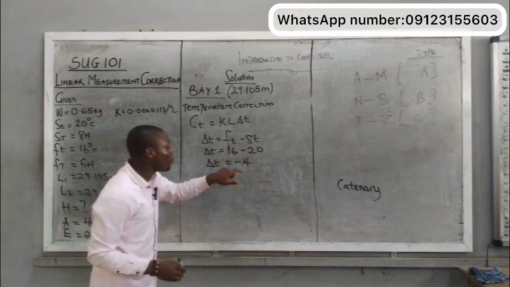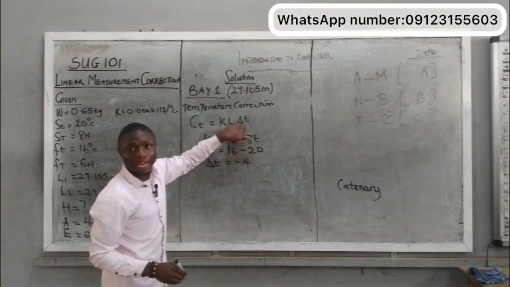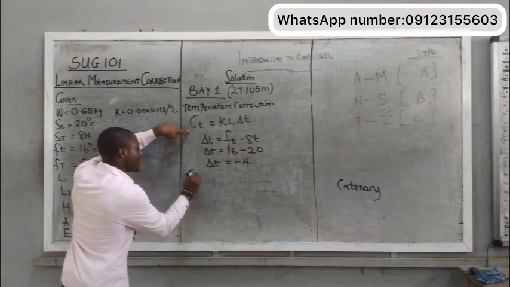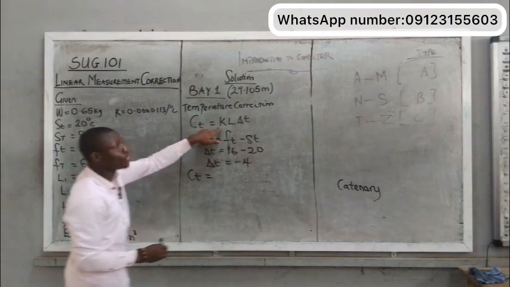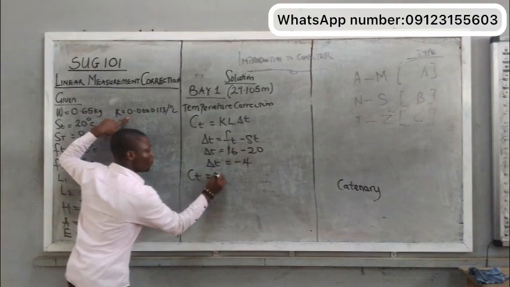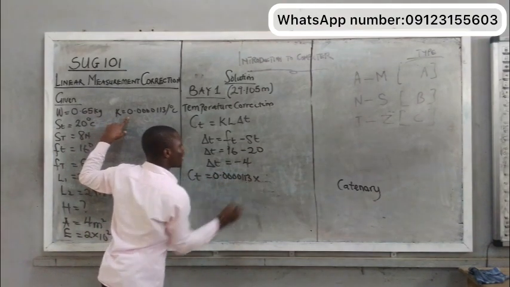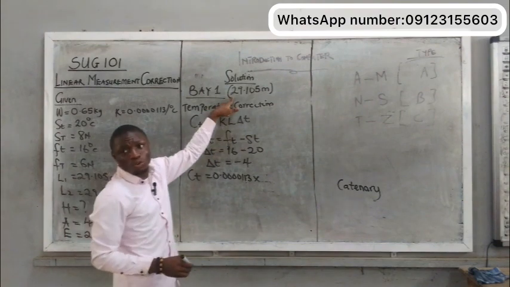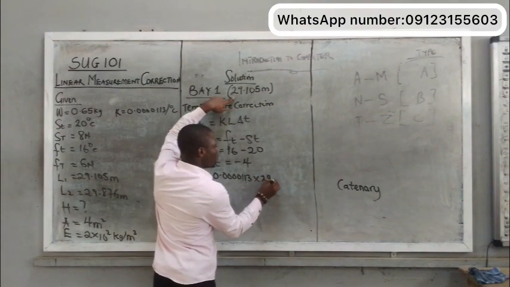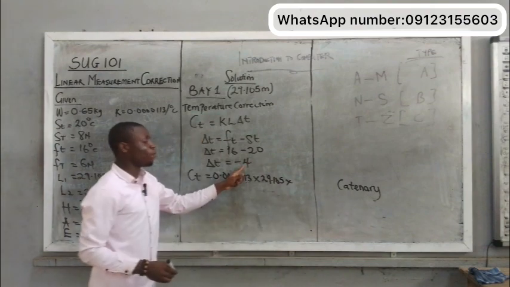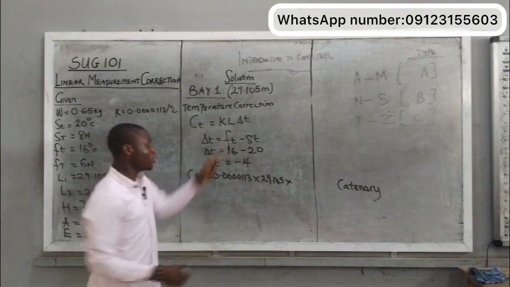Now put minus 4 inside this formula. To get temperature correction, CT is equal to K, which is 0.0000113, multiplied by the length I'm considering, 29.105, multiplied by the change in T, minus 4.